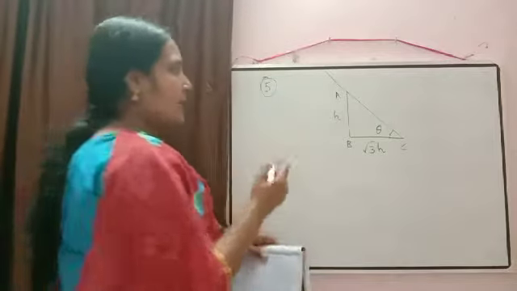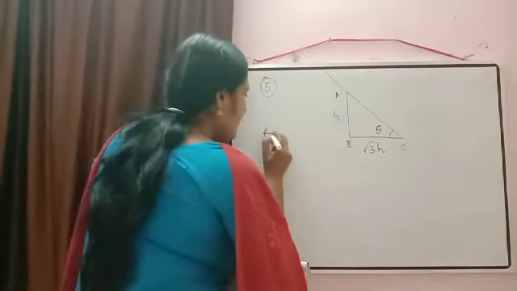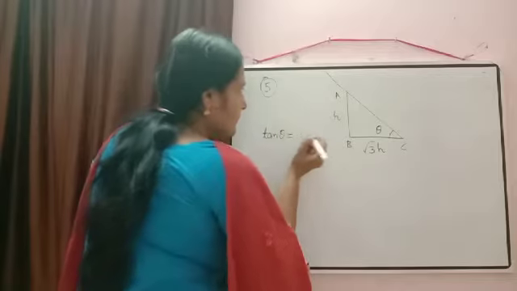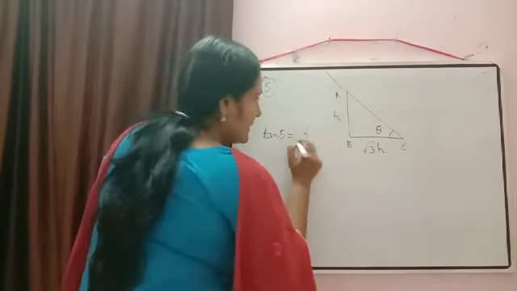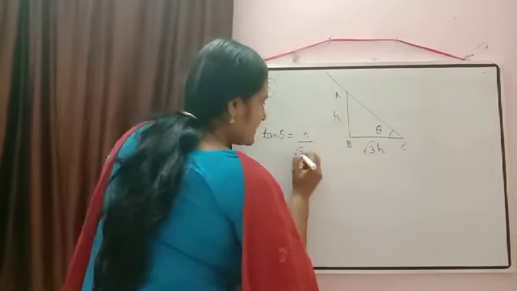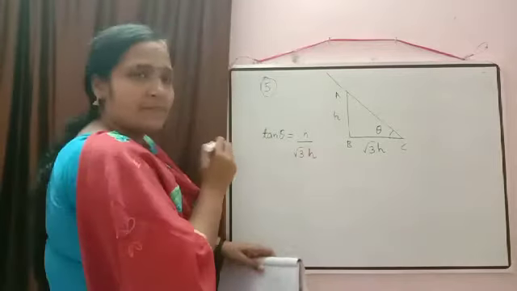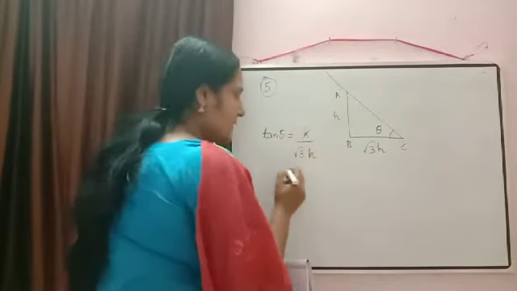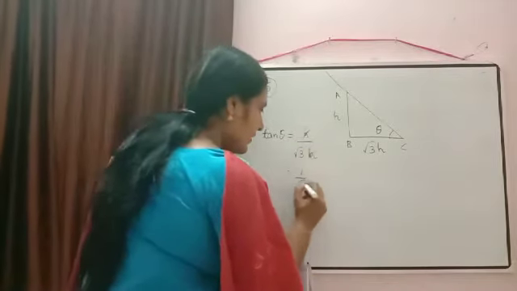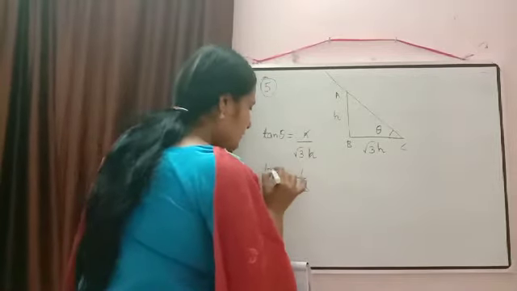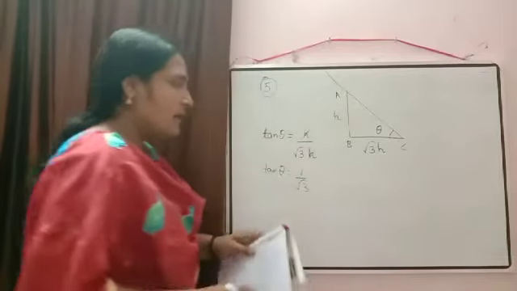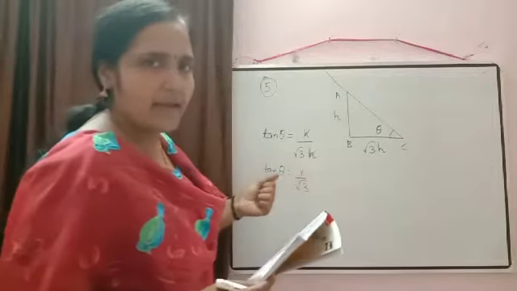Yes, correct. That is tan theta. So we will write here tan theta is equal to the side opposite, that is h, by the side adjacent, we have root 3 h. So here h and h will get cancelled. We will get 1 by root 3. So we are getting tan theta is equal to 1 by root 3.